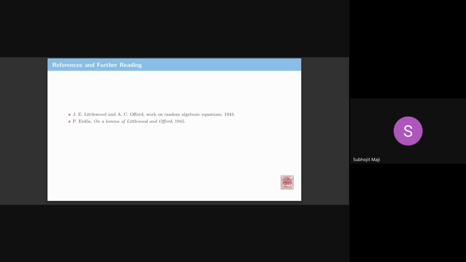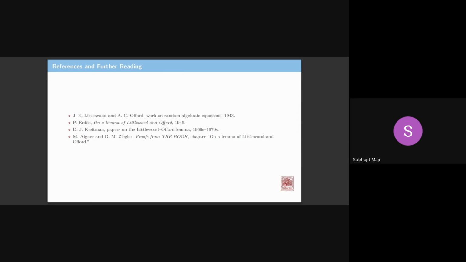Then there is Paul Erdős's paper on a lemma of Littlewood and Offord, 1945. This is the paper where he proved the real number line case. And then Kleitman's paper on Littlewood and Offord's lemma, 1960s to 70s; I don't exactly remember the year. In this one, he showed the d-dimensional or multi-dimensional case for this theorem.